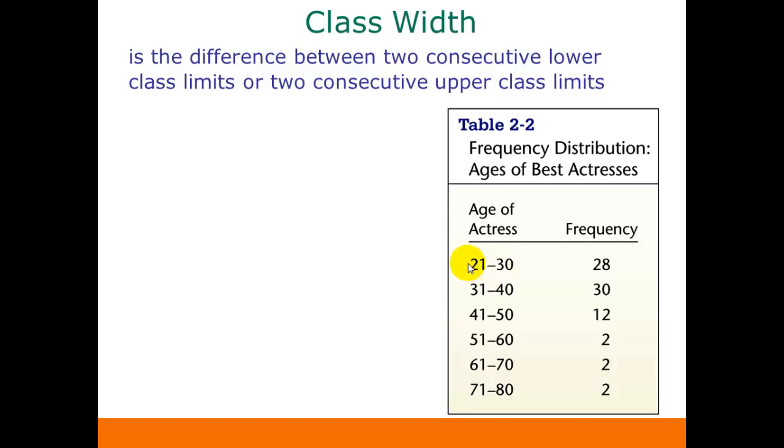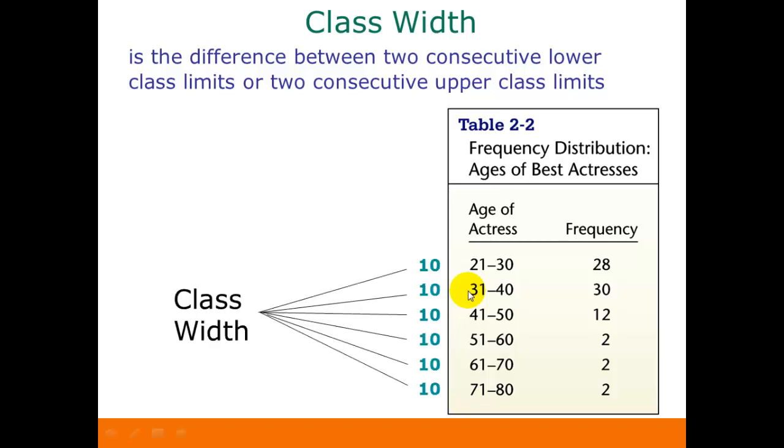So to find the class width, you look at two lower class limits that are consecutive, for instance the 21 and the 31, and just find the difference between those two. So the class width is going to be 10, and notice that it's the same no matter which two consecutive lower class limits you look at, or if you look at two consecutive upper class limits, the difference is always 10 here.